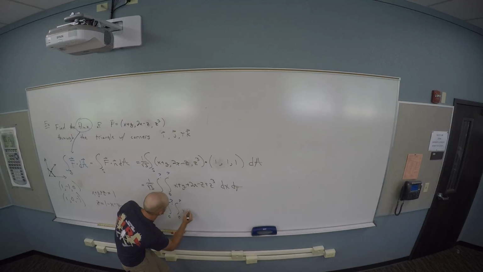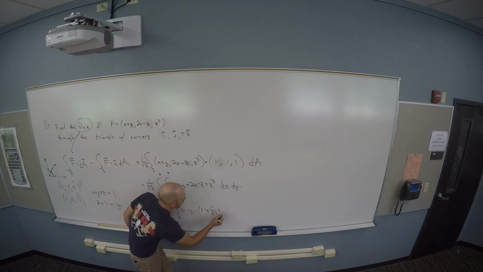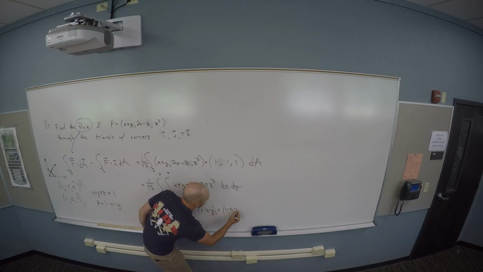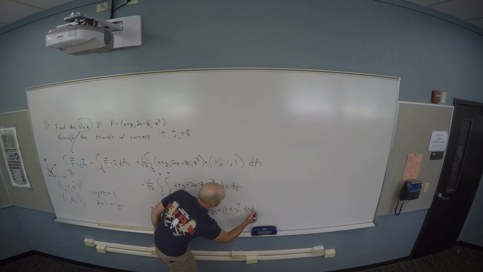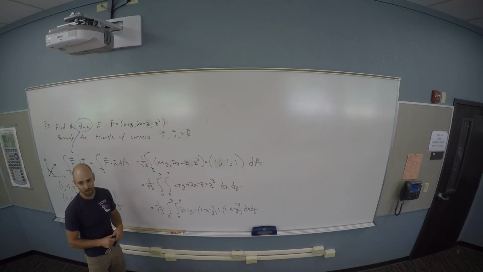I've got x plus y, how about 3x plus y, minus 1 minus x minus y, plus 1 minus x minus y cubed, dx dy, right? And now I need to sort out my bounds of integration.